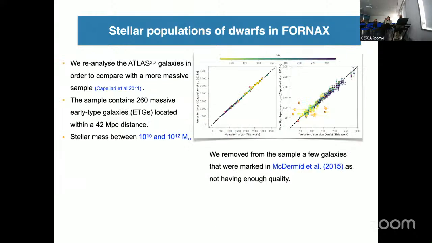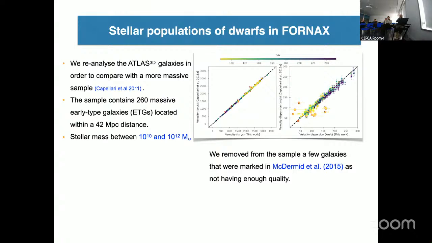Then, using the same methodology, we reanalyzed the galaxies from Atlas 3D, because the galaxies from Atlas 3D are basically a sample of 260 massive galaxies with masses between 10 to the 9, 10 to the 10, and 10 to the 12, okay? In the nearby universe.